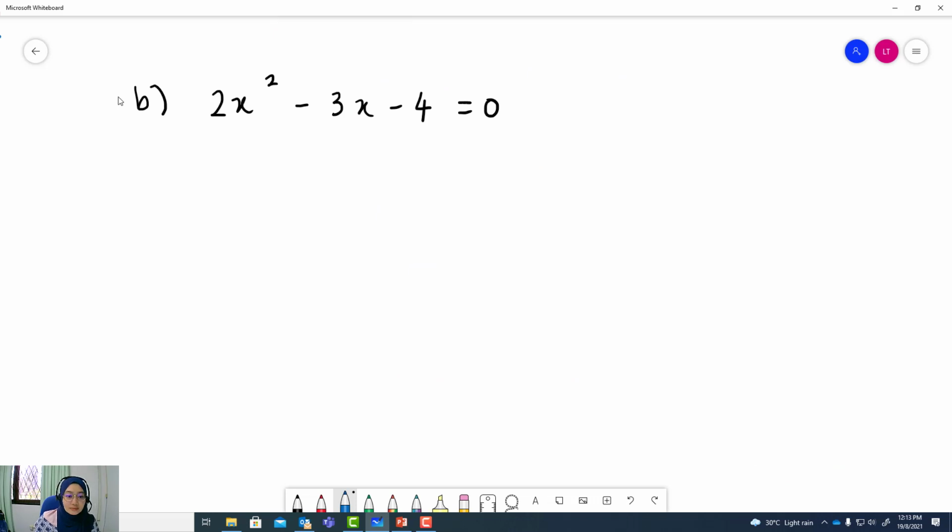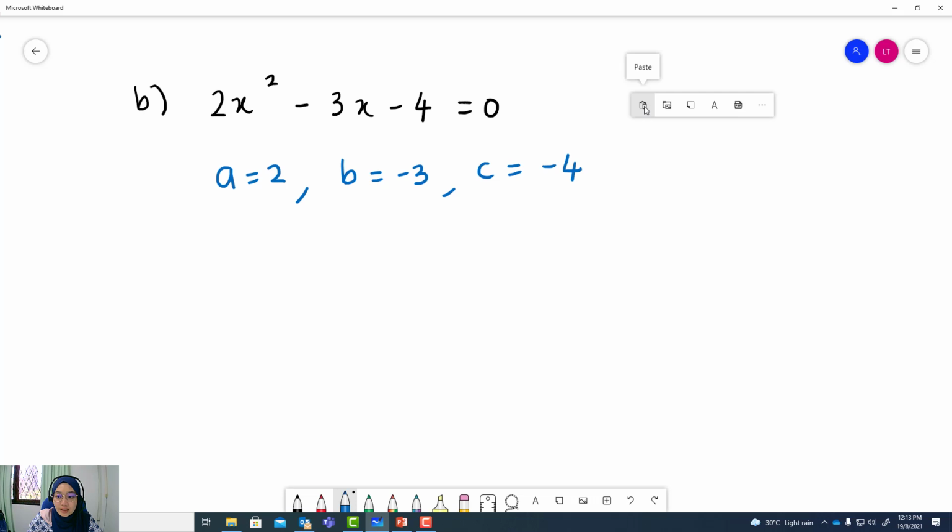Question B, given that 2x squared minus 3x minus 4 equals 0. So it is already in standard form, a equals 2, b equals negative 3, and c equals negative 4. Substitute into the quadratic formula.